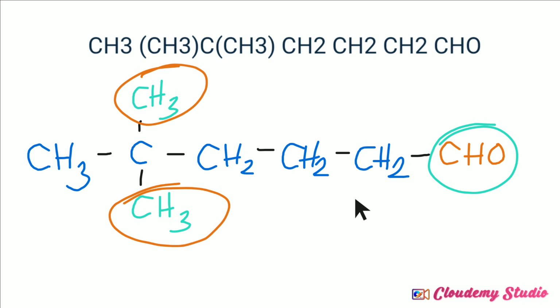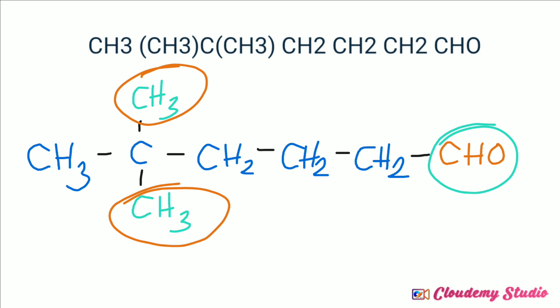When substituents and the functional group are present, the carbon atom containing the functional group has to get the least number. So this carbon atom has to get the least number because this is the functional group. So which is the correct way? We need to start numbering from the right extreme, the right hand side.